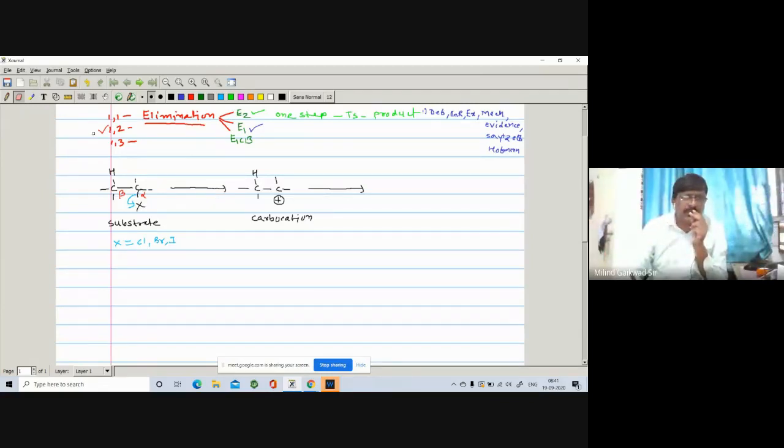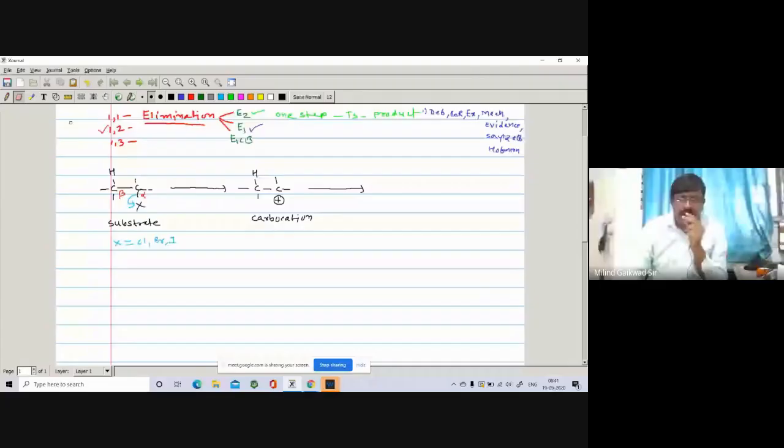In the next step there is use of the base. Here I take the base in particular, Na positive, O negative, C2H5. This base abstracts the proton.